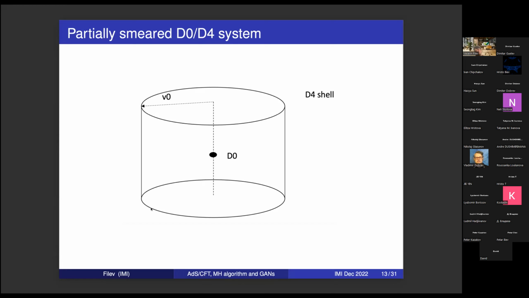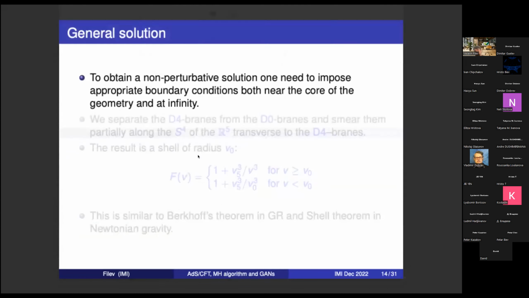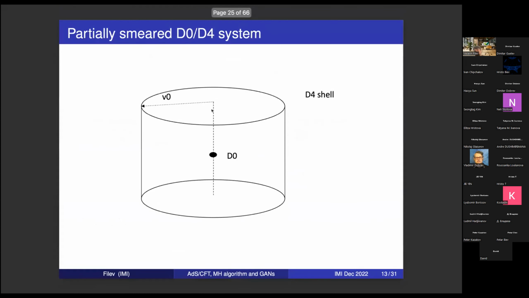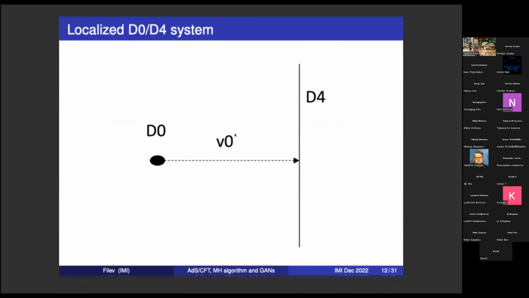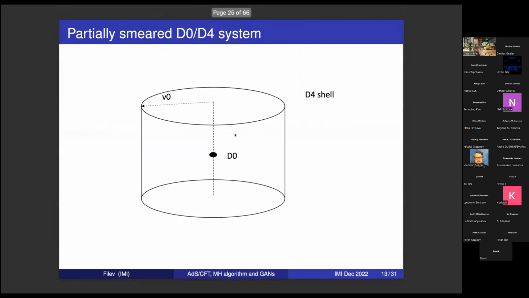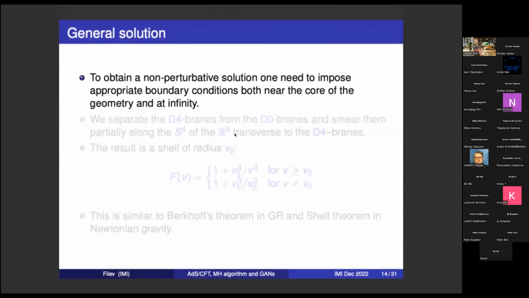They have this extra component. This is like the radial coordinate in the R4, which you can think of as giving you the length of the cylinder. It's not a cylinder in real space, but in this picture it is a cylinder. And this is the kind of solution that we're looking for. So it still depends on U and V. It just doesn't depend on the angular coordinates in R5.